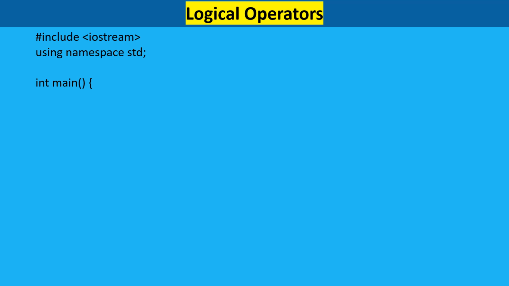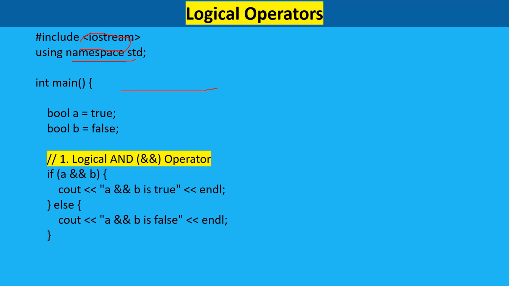Again, we see iostream for the preprocessor, namespace to avoid std, the entry point of the program, and bool a is equal to true and b is equal to false. Declare two Boolean variables. A is initialized as true and b is initialized as false. So the logical AND operator checks if both a and b are true.